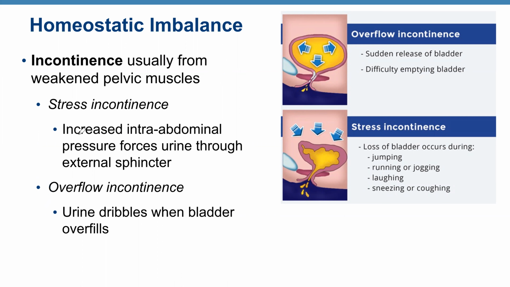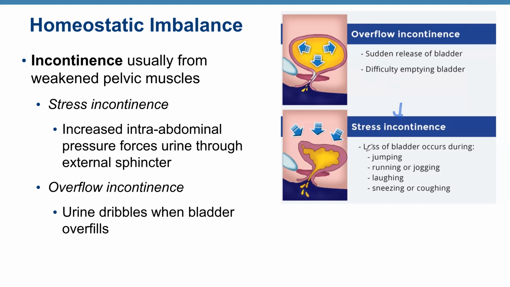Stress incontinence is when increased intra-abdominal pressure forces urine through the external sphincter. Overflow incontinence is when urine dribbles when the bladder overfills. So here's our overflow incontinence, with a sudden release of the bladder or difficulty emptying the bladder.